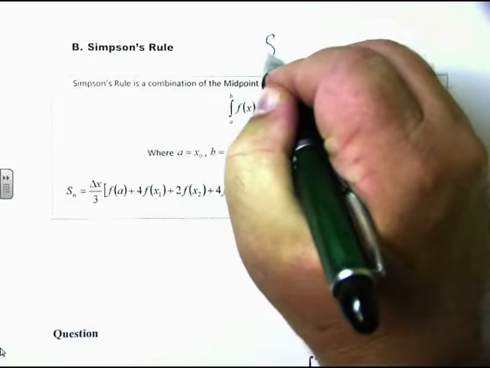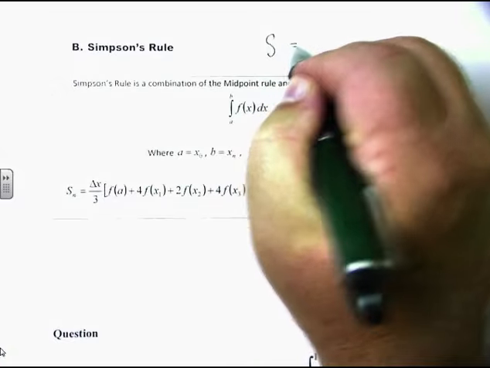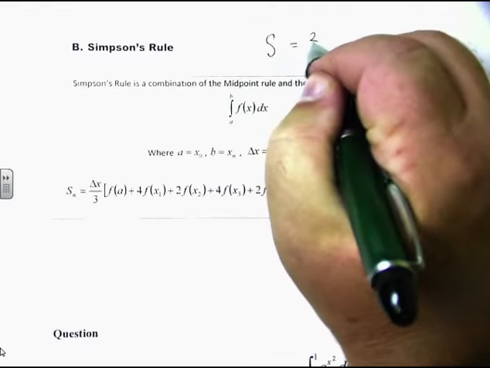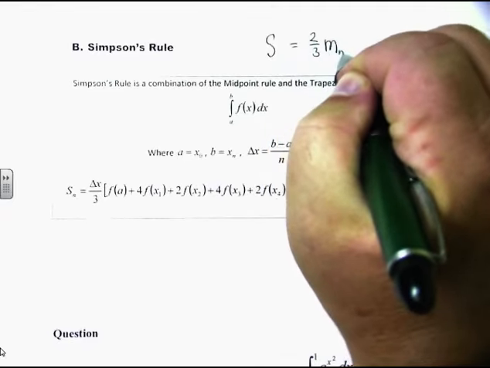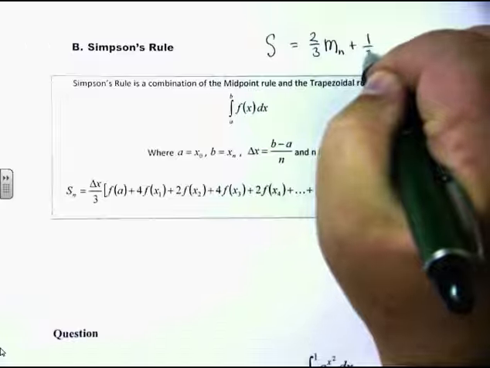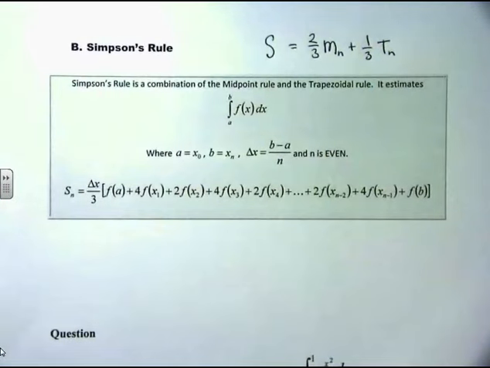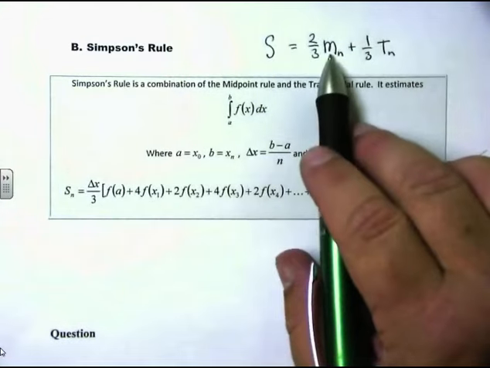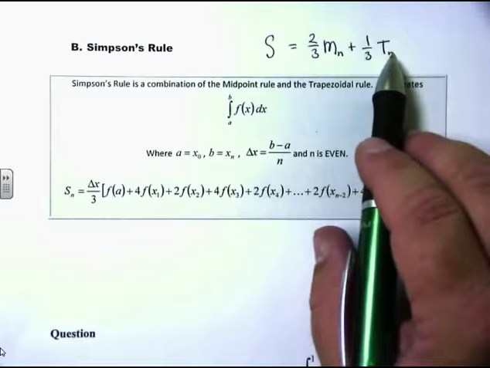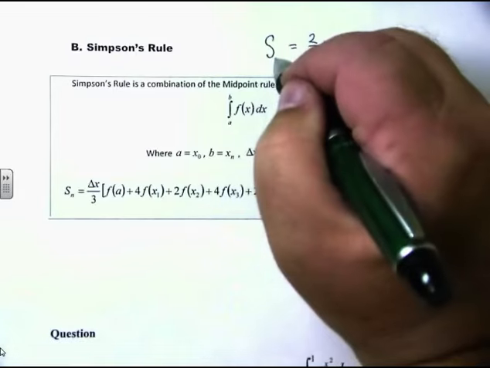Simpson's Rule is equal to 2/3 the midpoint rule plus 1/3 the trapezoidal rule. So you're doing this combination of both the midpoint and the trapezoidal rule.